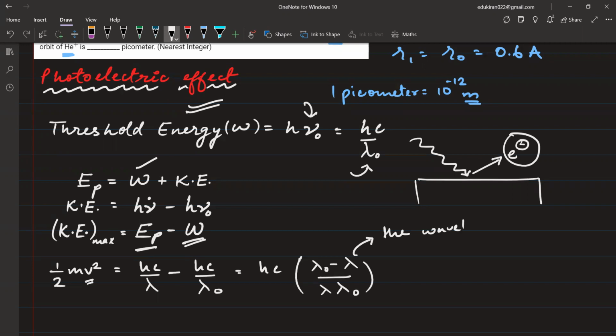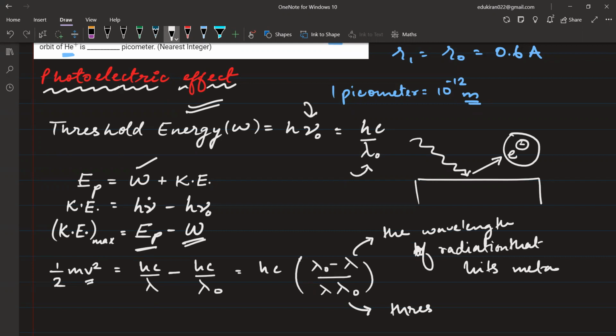The wavelength of radiation that hits the metal. ठीक है, ये lambda क्या है? The wavelength of radiation that hits metal. What is this lambda naught? Lambda naught आपका क्या है? This is threshold wavelength. Okay, please write this down.